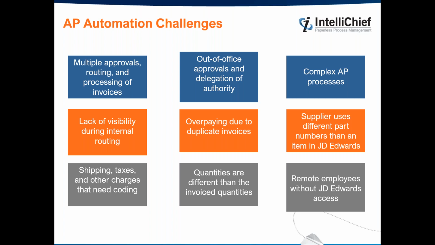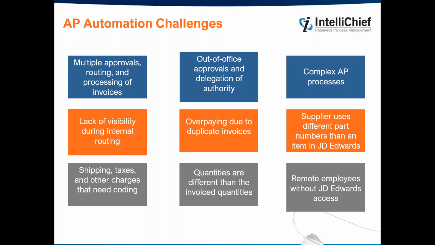Managers, directors, VPs, executives. Are the individuals who approve invoices different from those that might GL code an invoice? What happens when people are out of the office? Do you have a complex business process with different types of invoices that you might process for different companies or different business units within your organization?